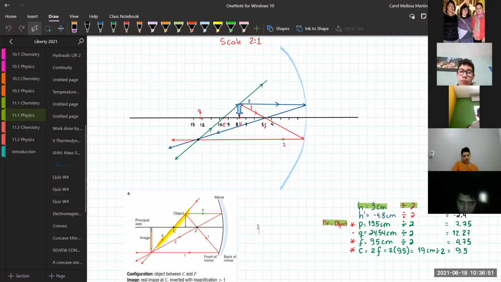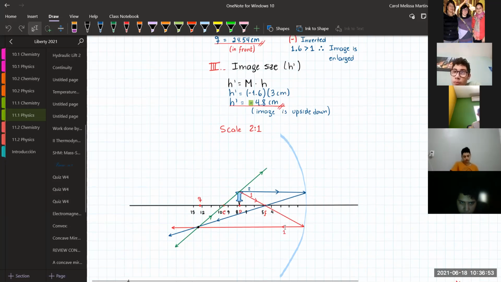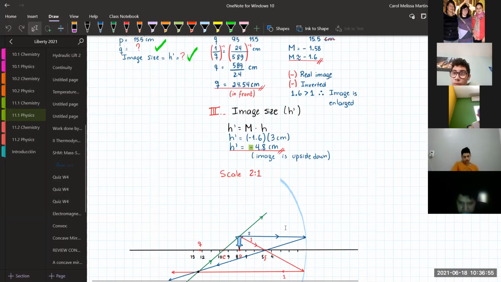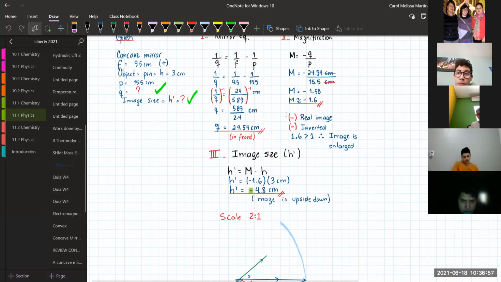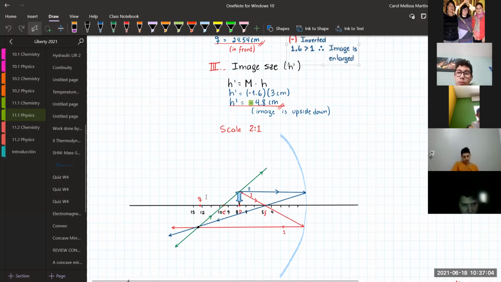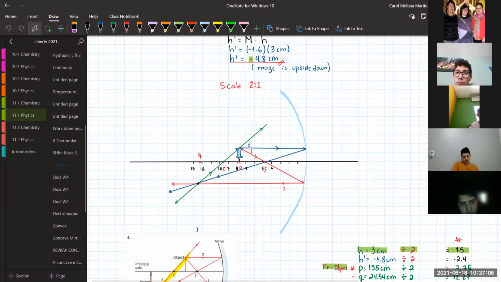Now, according to the magnification, remember we said it's going to be a real image, it's going to be inverted, and it's going to be enlarged. So my image here is going to be inverted.